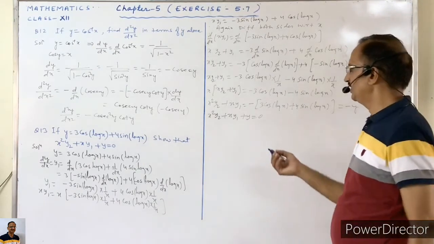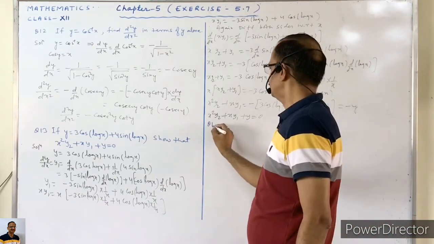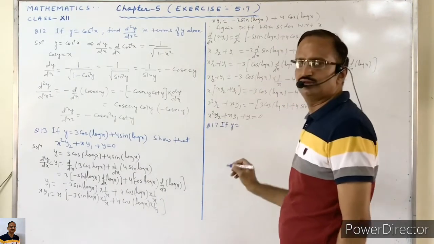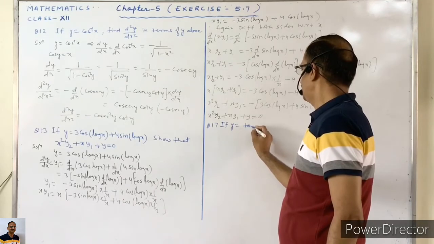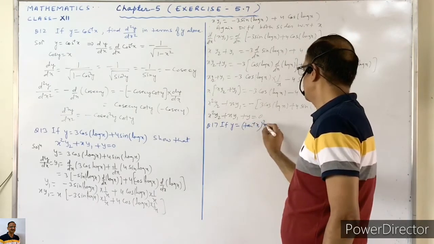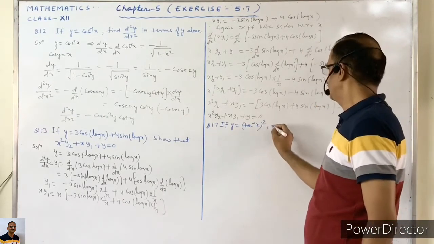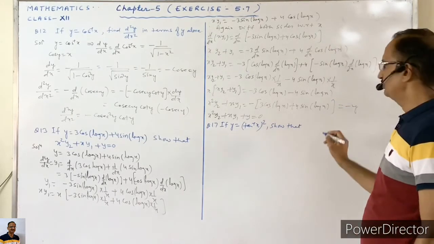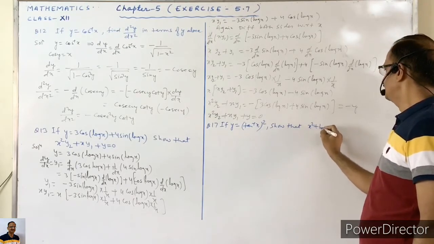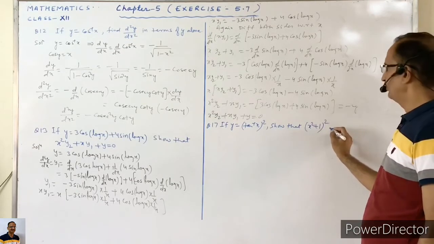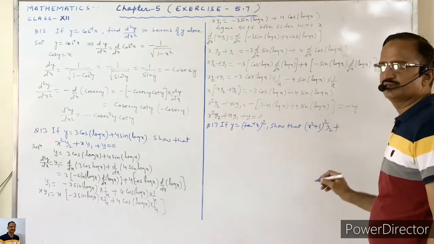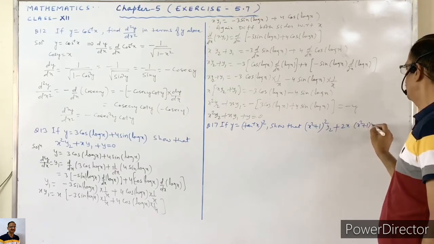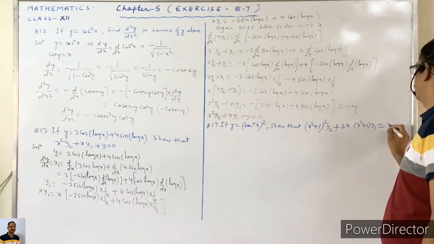Now come to question number 17. In this we have, if y equals tan inverse x whole square, then show that (x square plus 1) whole square y2 plus 2x (x square plus 1) y1 equals 2.